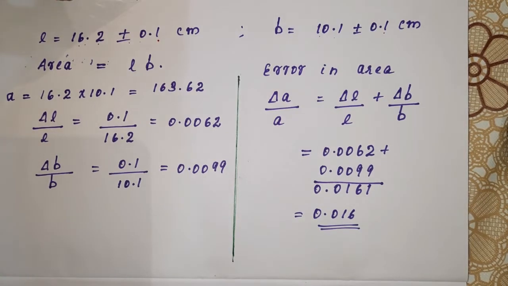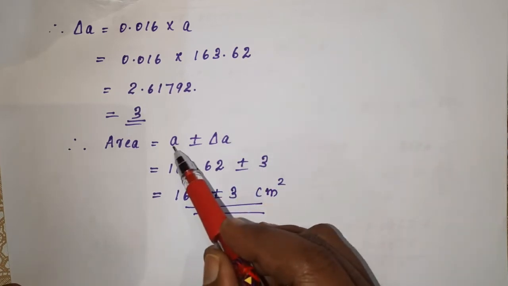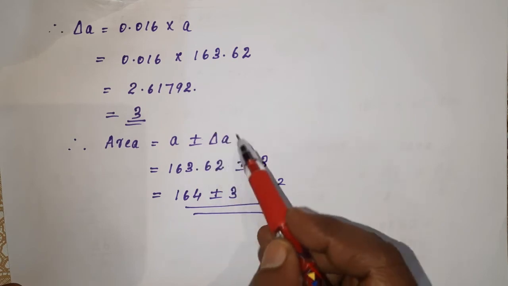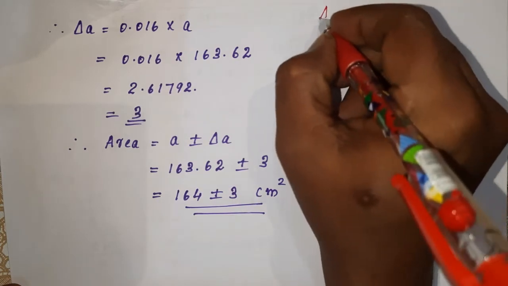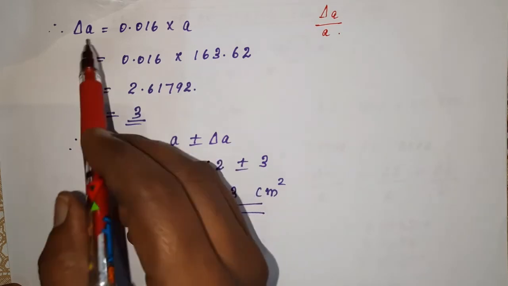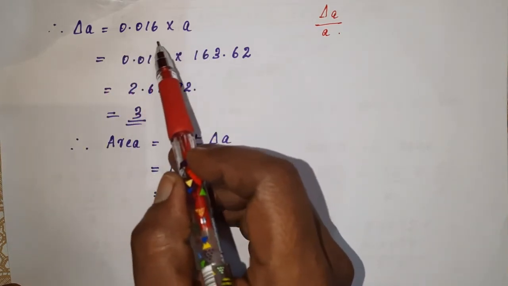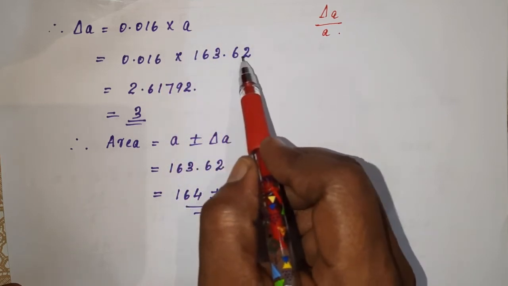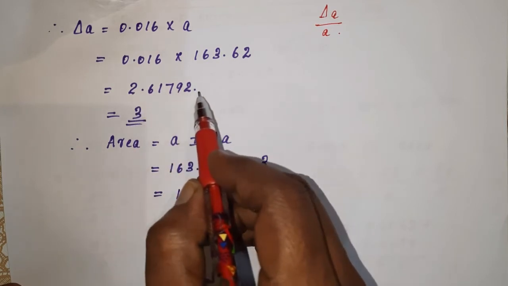To write the area in the form A plus or minus delta A, you have to find delta A. What we already have is delta A by A, the relative error. So what is delta A? Delta A by A into A. So 0.016 into A, and A is 163.62, so you will get 2.61792.